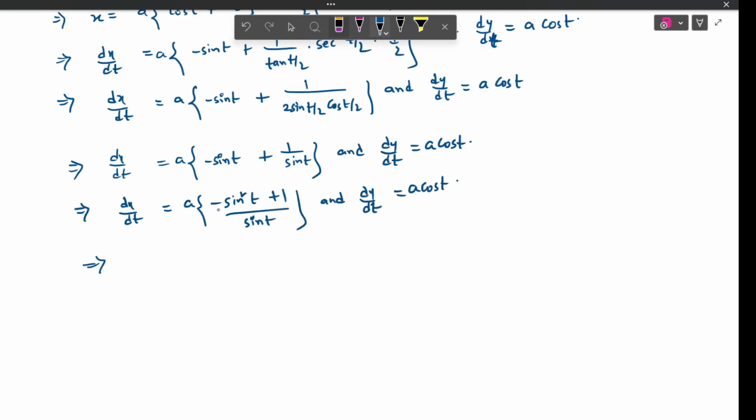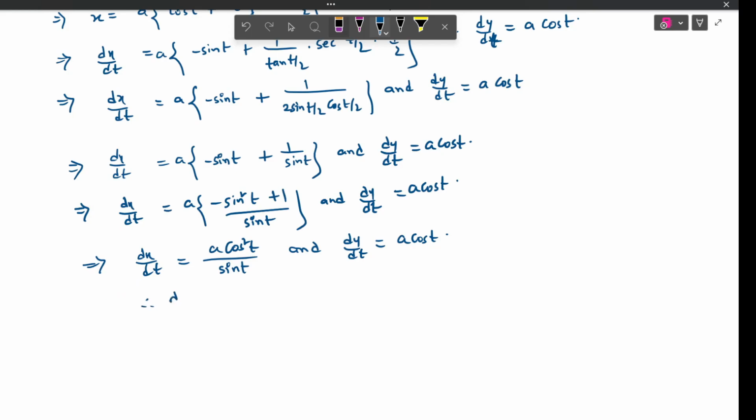Now 1 minus sin square theta is cos square theta, right? So dx by dt is a cos square t by sin t, and dy by dt is a cos t.